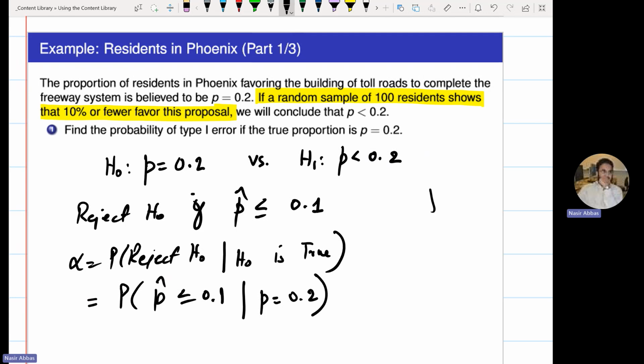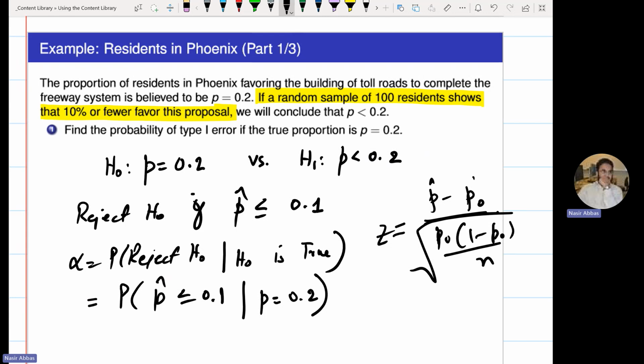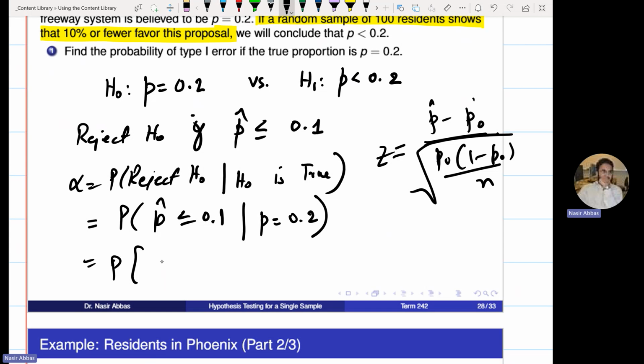We have the formula, P hat minus P naught over the square root of P naught into 1 minus P naught over n, to convert it to Z. So simply convert it to Z using P naught 0.2. This will be the probability of Z less than or equal to 0.1 minus 0.2 over the square root of 0.2 into 0.8 over 100. Get the value of Z, go to the table, get the probability, and that is the type 1 error.